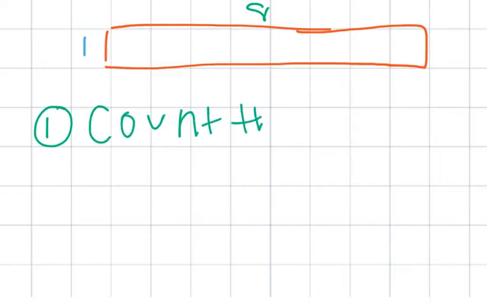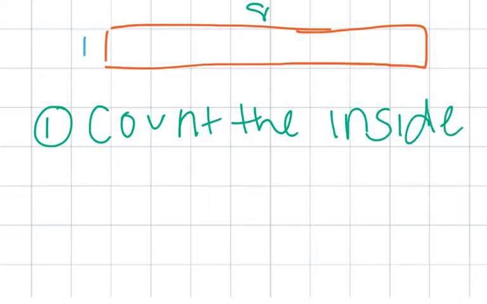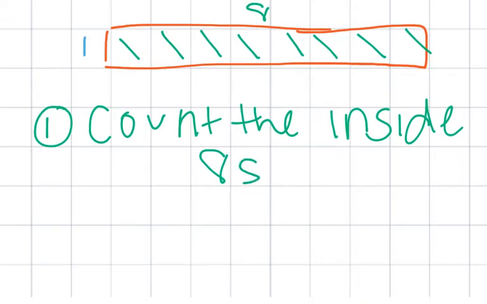So if I look at my rectangle that I just drew, I could see that I have one group of 1, 2, 3, 4, 5, 6, 7, 8. And if I use my first strategy of counting the inside, then I could see that the area would equal 8 square inches.